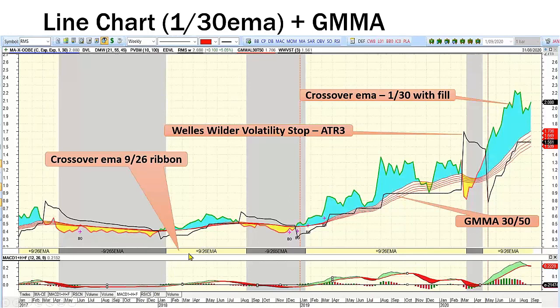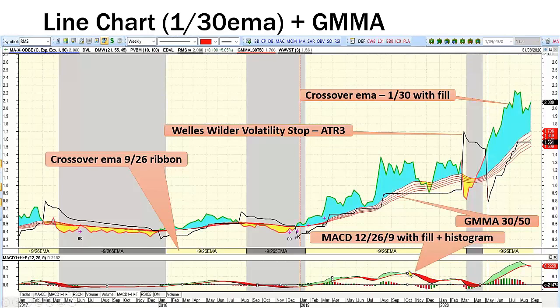And down the bottom here, I played around with a 9 26 EMA, trying to mirror what the MACD did. But I've now moved that to a 12 26, which much more mirrors what the standard MACD does. And this is the standard MACD 12 26 9 with fill and histogram.